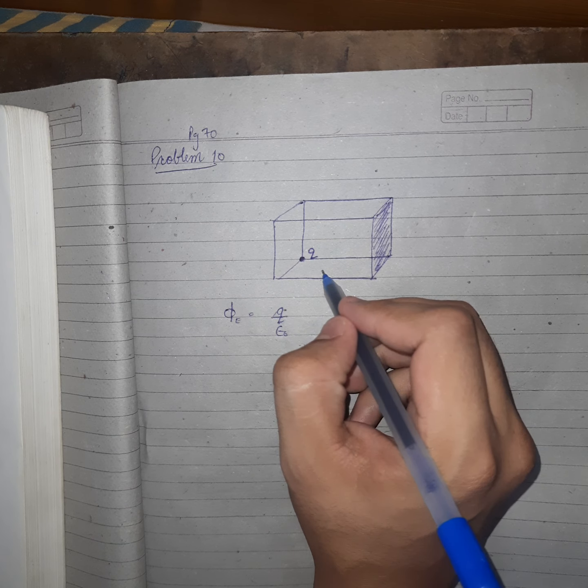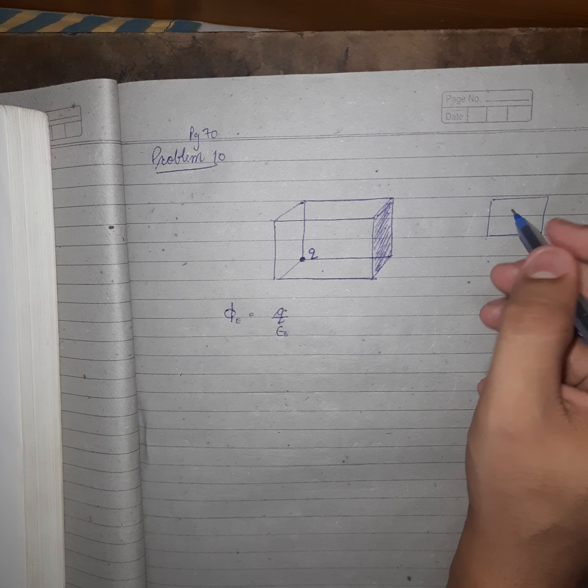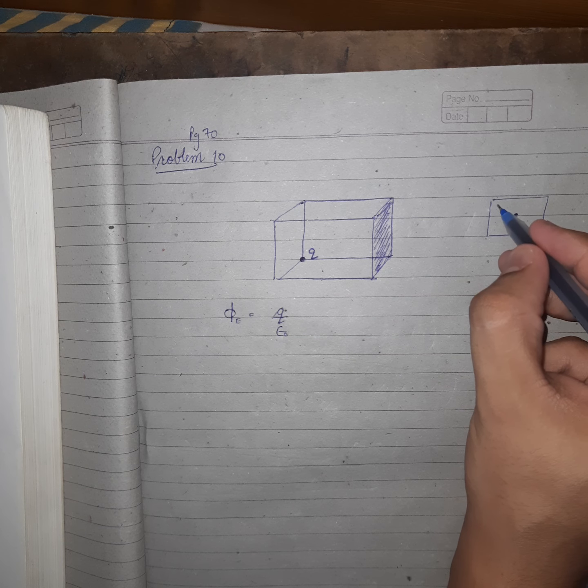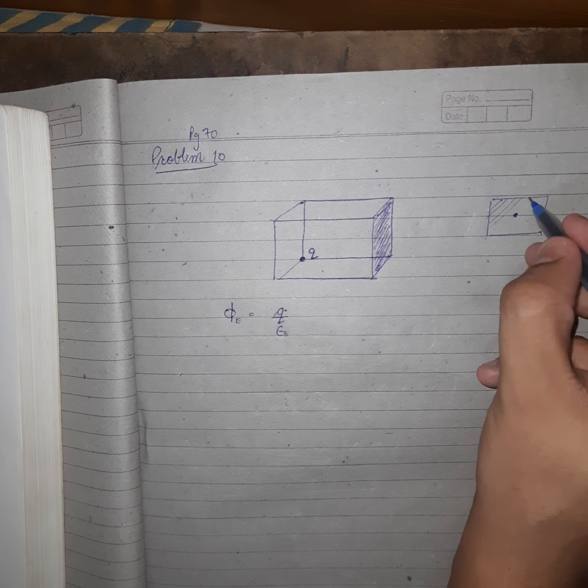If the charge touches a surface, then the electric flux is zero there. Why? Because the field lines are always inside this plane. So the angle made by the ds vector and E is 90 degrees, because the field lines are in this plane only, but the ds vector is perpendicular to this plane.